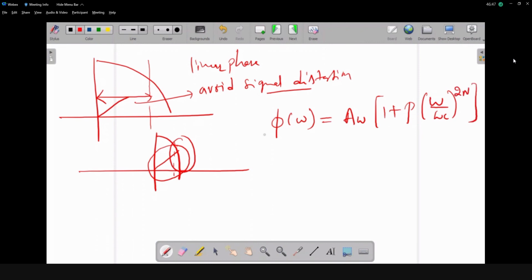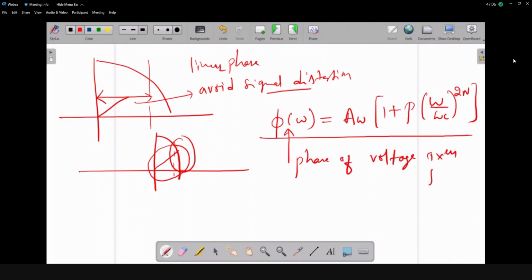So this is the phase response with respect to the frequency: the phase of the voltage transfer function of the filter, and P is a constant.